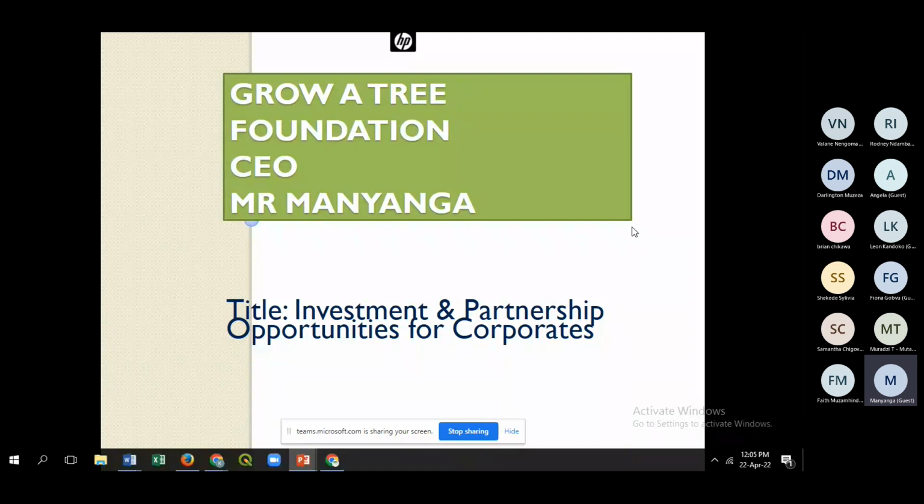If you go to Senzingam High School, the whole school is powered by biogas, from their kitchen to the lighting system of the classrooms and teachers' quarters. So you can imagine the amount of trees that are saved from that investment alone. It also sponsors proper waste management systems, waste separation, and promoting environmental education.